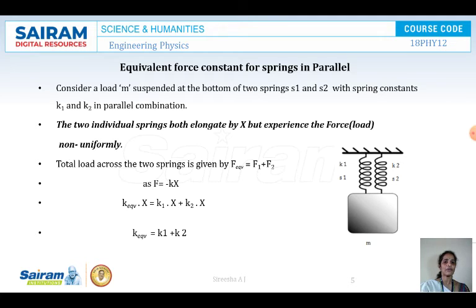Therefore, in this equation K equivalent into x is equal to K1x plus K2x, x will be cancelled. So, K equivalent is equal to K1 plus K2. So, when the springs are connected in parallel, the effective spring constant K equivalent is equal to K1 plus K2, where K1 and K2 are the spring constants of springs S1 and S2 respectively.